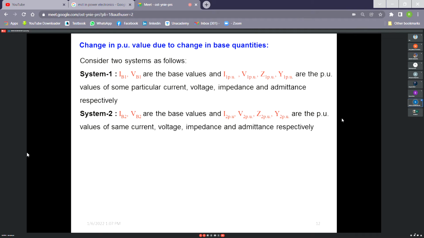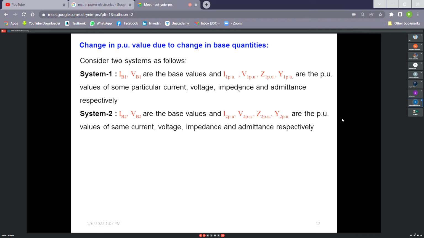So if we consider two systems, system 1 and system 2, two systems of different base values, but we are calculating the per unit value of the same quantity. Say for 2 ampere current, one time we are taking base current as 10 ampere, another time we are taking base current as 5 ampere. But the actual current is 2 ampere.